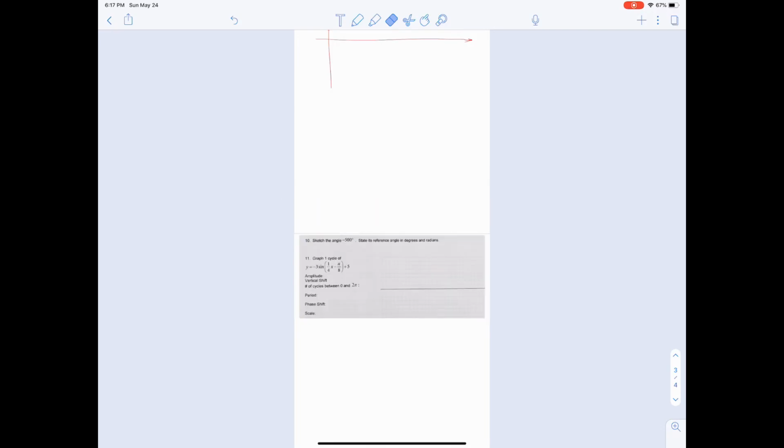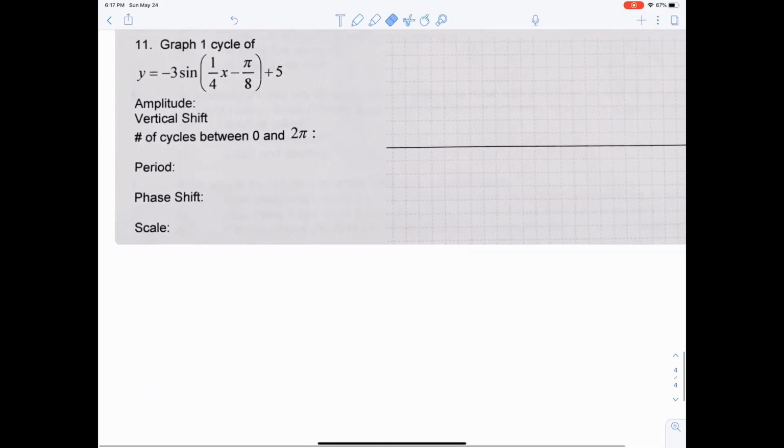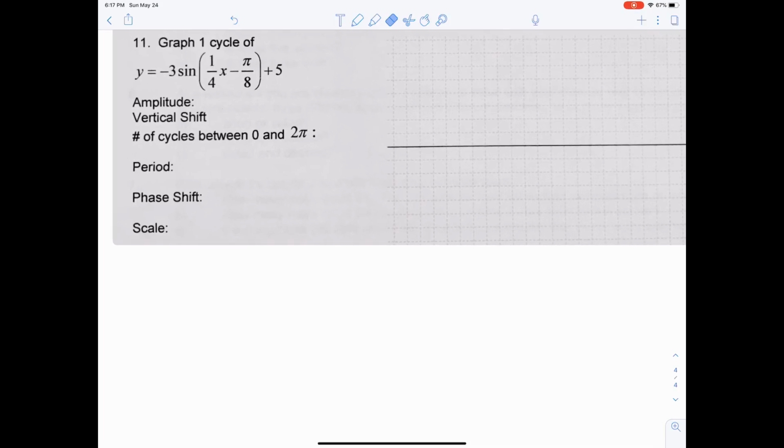Now let's take a look at this problem. Question 11: Graph one cycle of y equals minus 3 sine a quarter of x minus pi over 8 plus 5. So you need to know amplitude, vertical shift, the number of cycles between 0 and 2 pi, period, phase shift, and scale, and all these things.